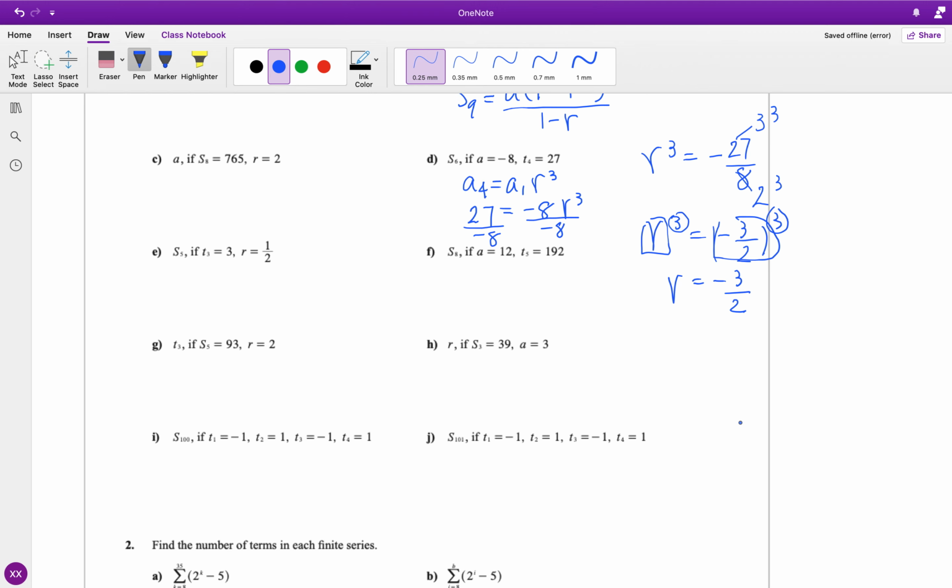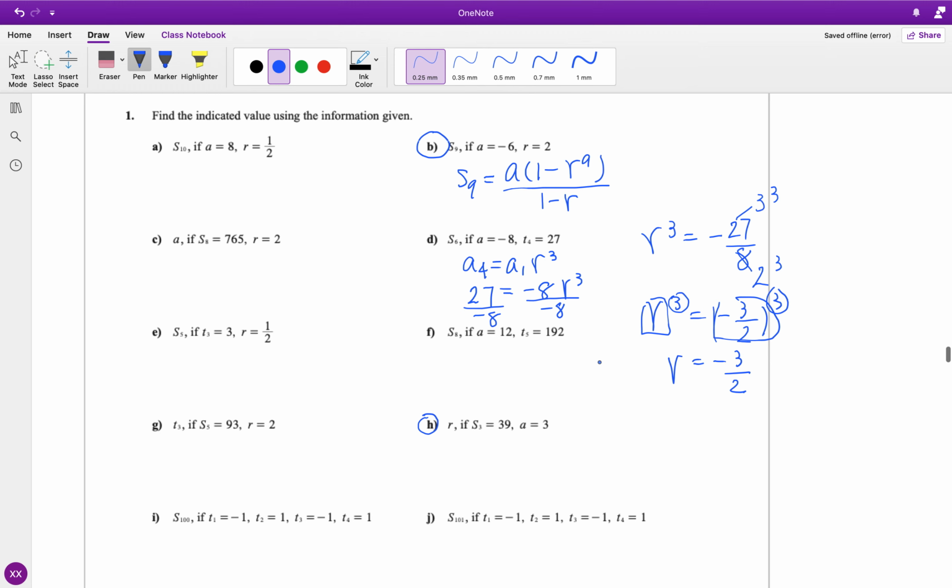Another question I find interesting is this one, H. The level of difficulty is raised a little bit more, as we all know the workbook is arranged from the least difficult to the most difficult.